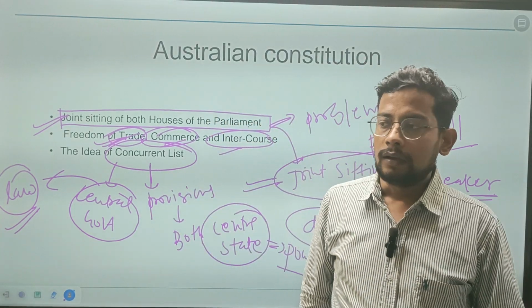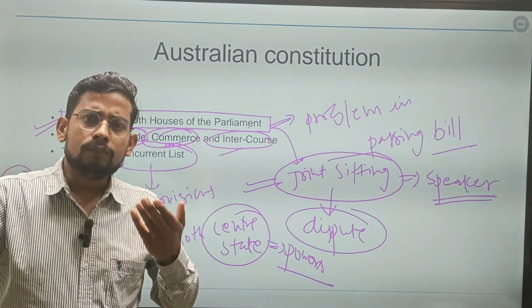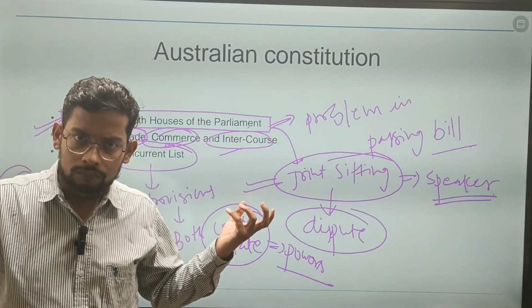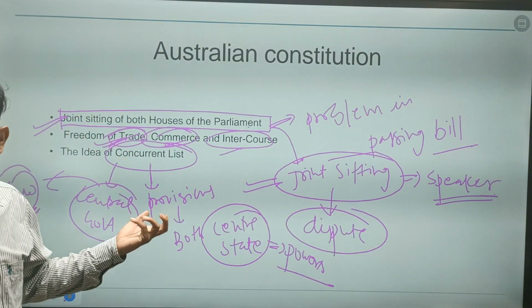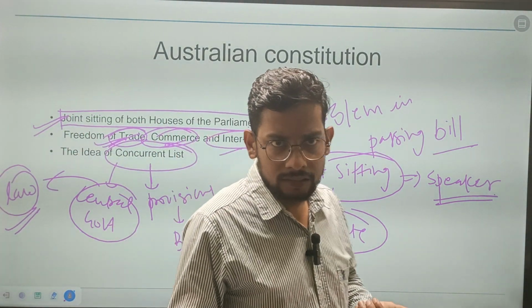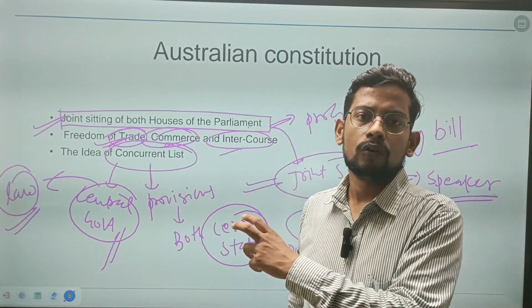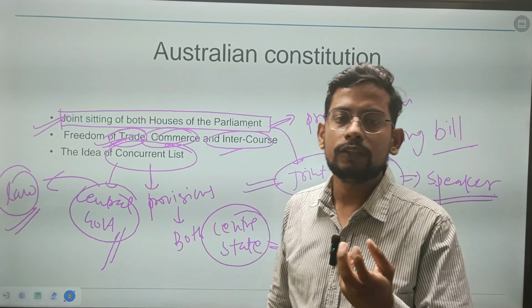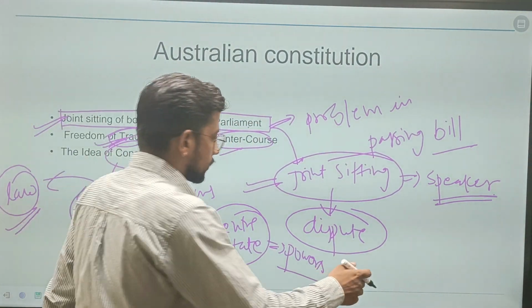For example, the recently passed Muslim personal law board bill also comes under the concurrent list only, and since the central government has passed that bill, no state can override it. So this provision of the concurrent list we have taken from the Constitution of Australia.